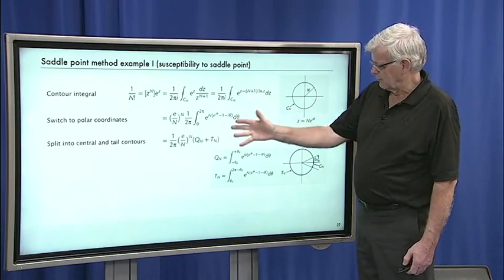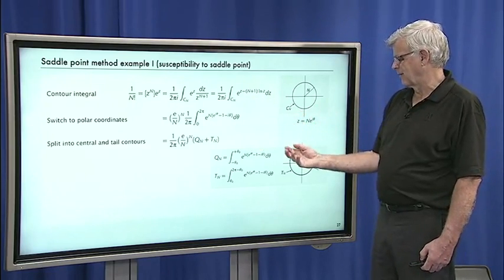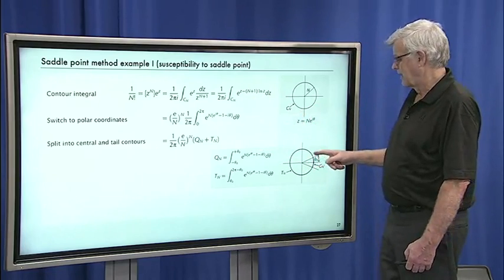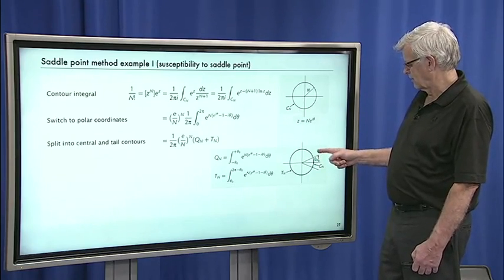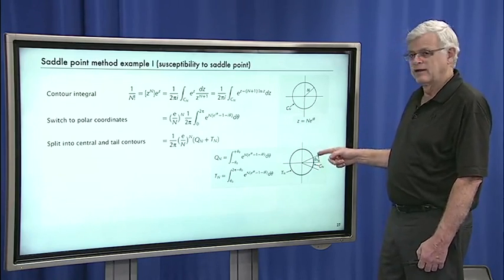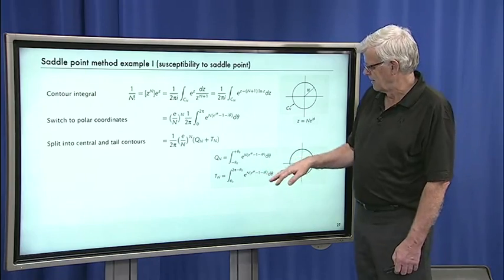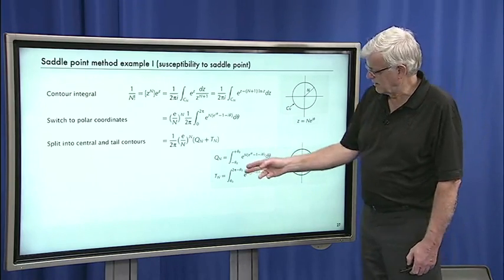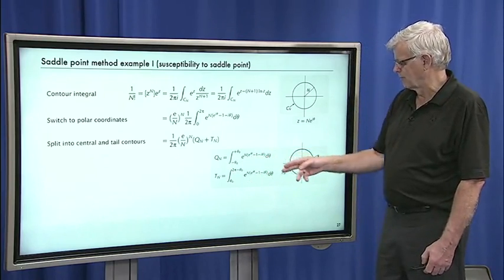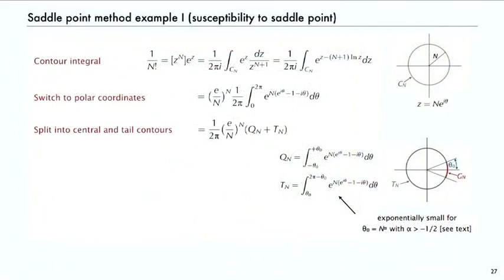So now what the saddle point method requires is that we're able to split it into two contours, one for a little part close to the saddle point, and then the rest for the tail, which is all the rest of the circle. And the point is we have to be able to prove that for the tails it's exponentially small, and you can look at the text for that proof.